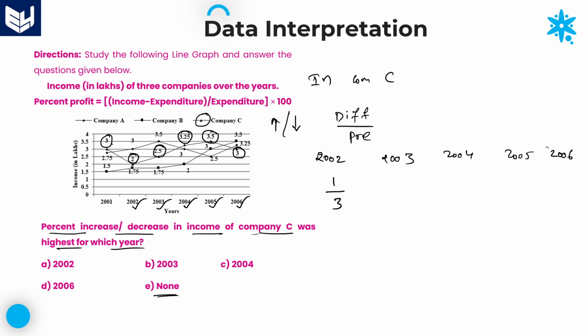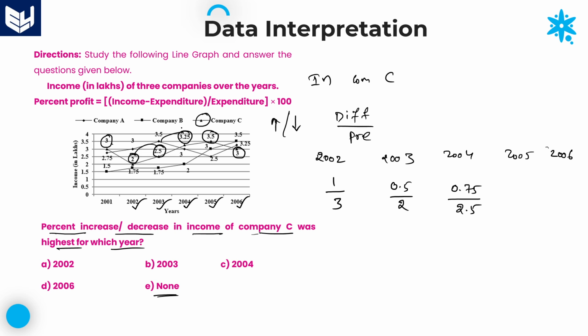2003, difference between previous year and this year is 0.5, divided by previous year value, that is 2. And next one, 2004. First I will write all the values and then we'll solve the question. Here 2.5 and 3.25, the difference is 0.75, divided by previous year value, that is 2.5.